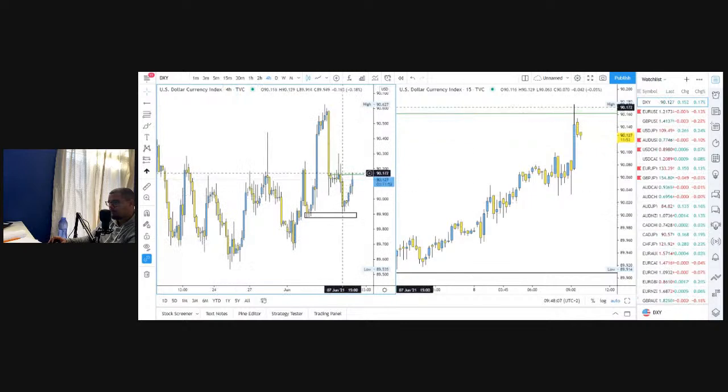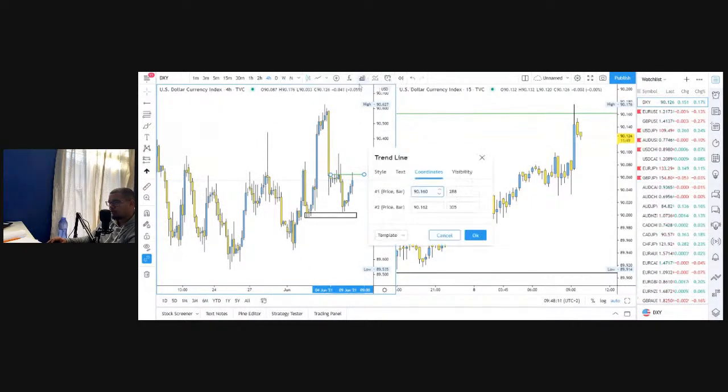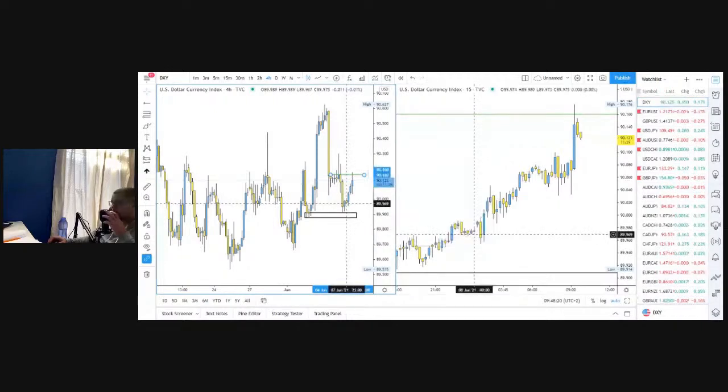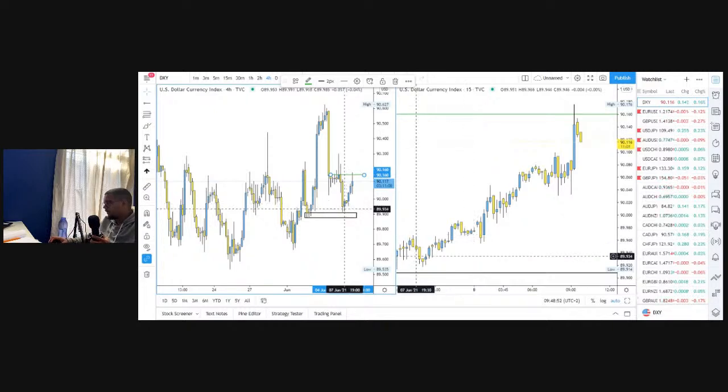That thing looks quite skew, but I think it's straight. So let's see how it plays out, man.